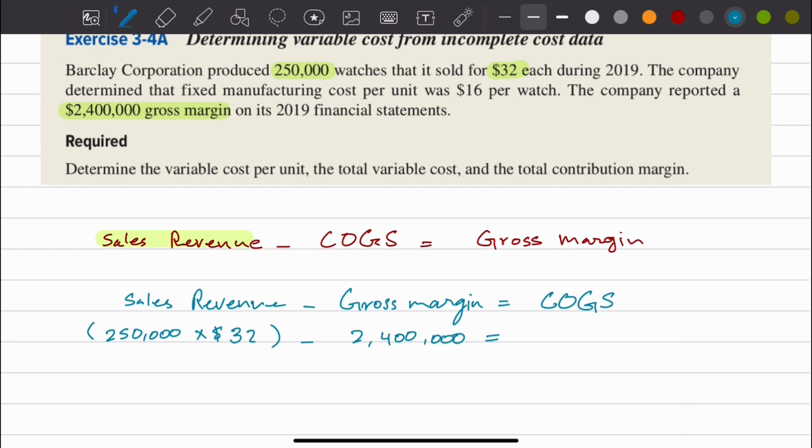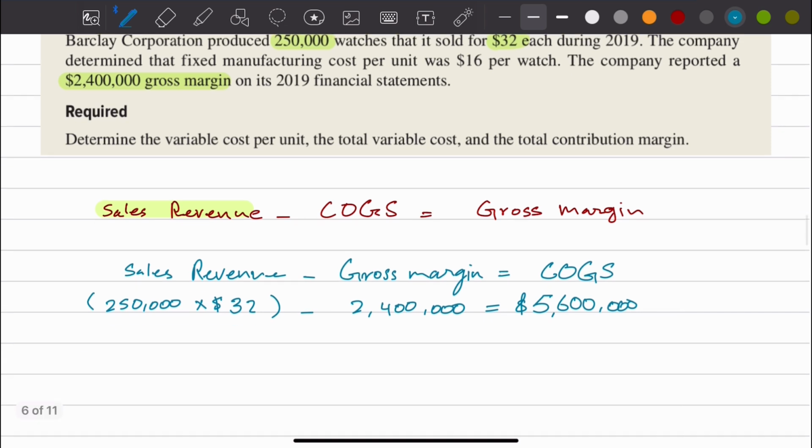So 250,000 multiplied by 32, that's 8 million, minus 2,400,000. That's going to be 5,600,000. Okay, so that is the cost of goods sold.